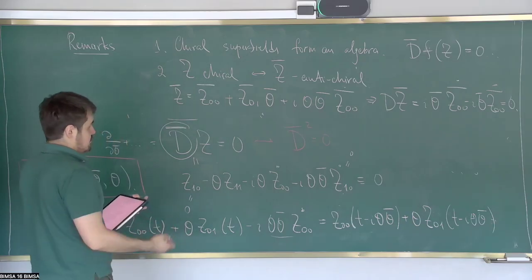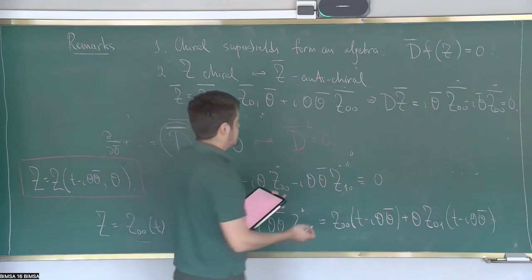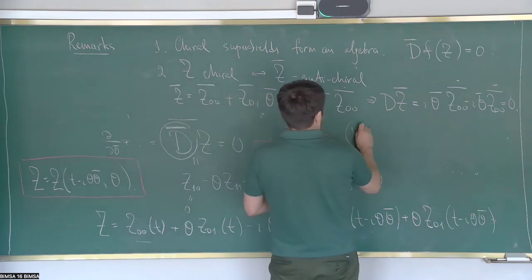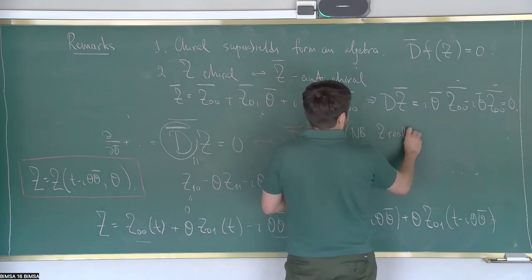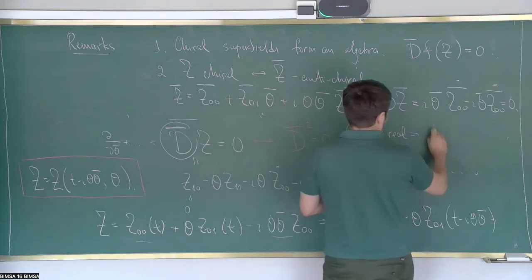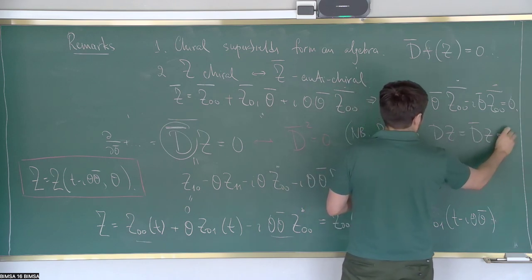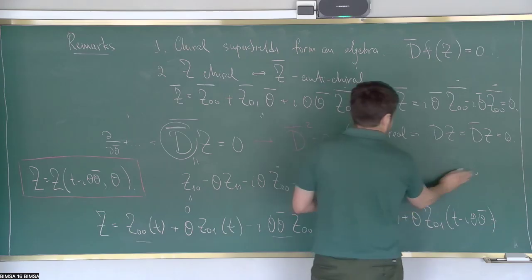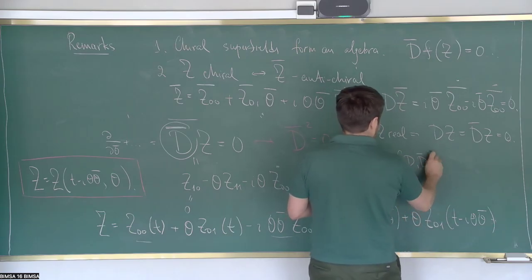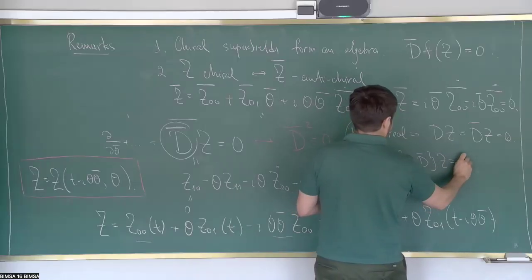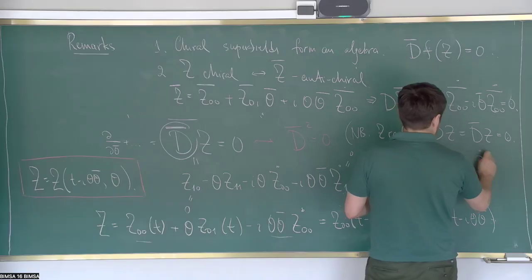So in particular, this implies that z has to be complex, because if z is real, then it's annihilated by both d and d bar. z is both chiral and anti-chiral, and that means that it's annihilated by the anti-commutator of d and d bar, which is minus 2i d over dt, equal to 0.